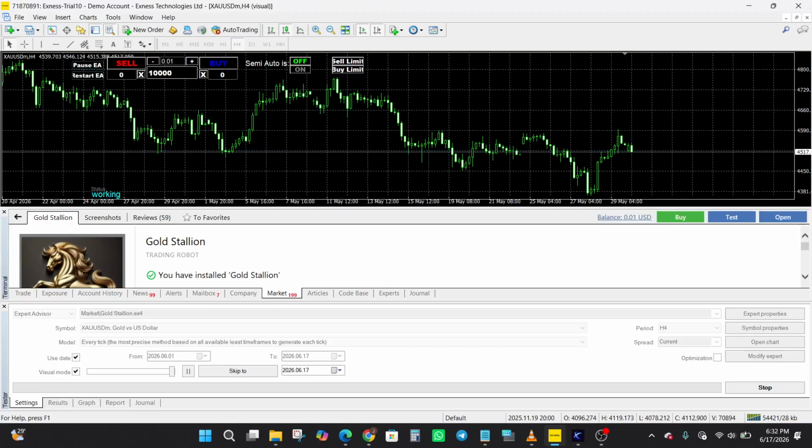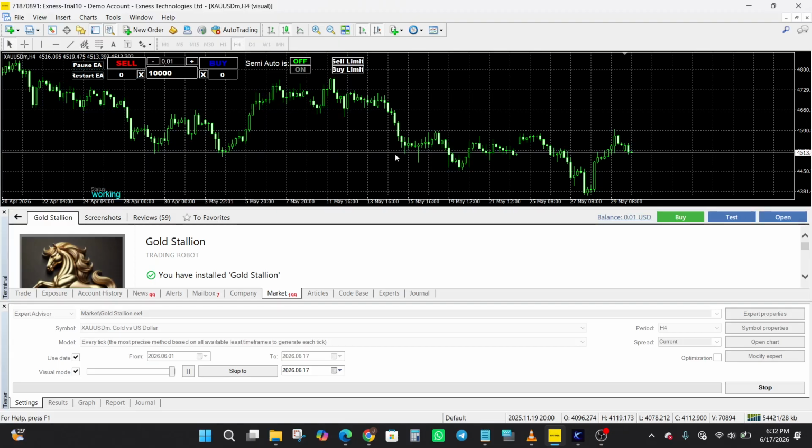The overlap functionality is also designed to help reduce drawdown after a specified number of trades. Since the internal artificial intelligence model and exact entry calculations are not disclosed, the historical chart activity is really where traders can evaluate how the EA responds to market movement, manages positions, and handles recovery phases.